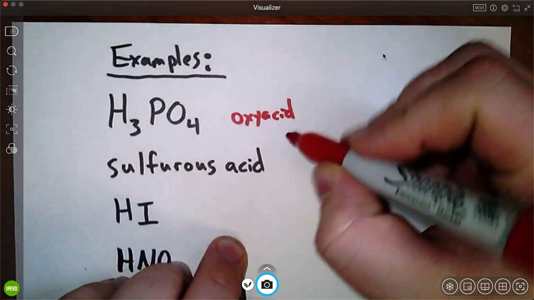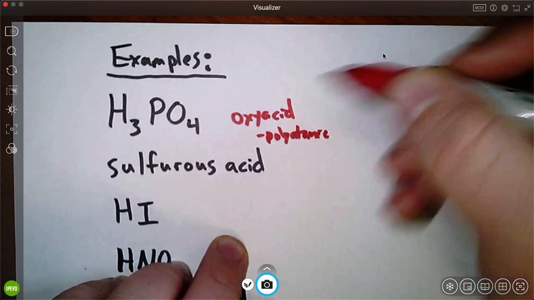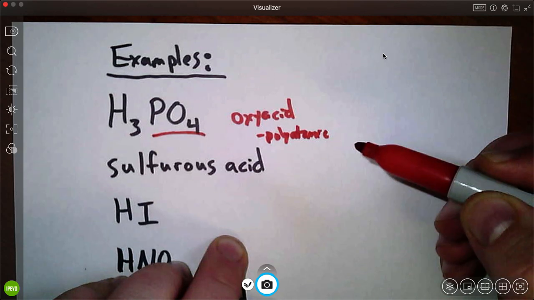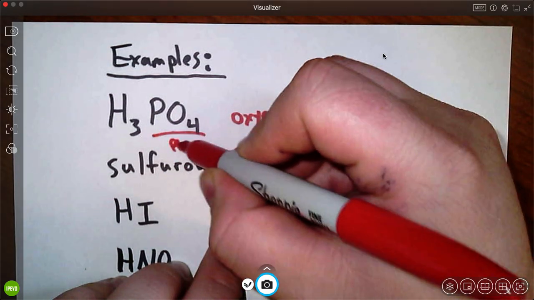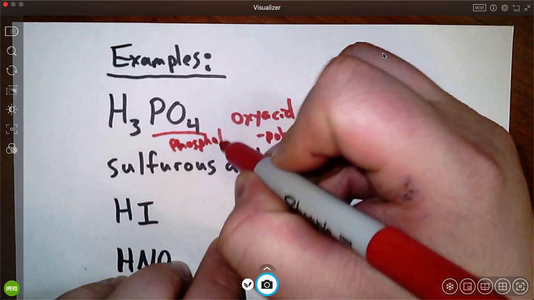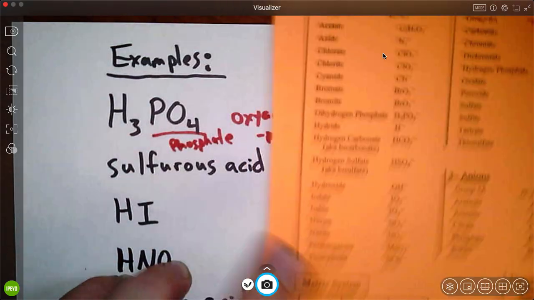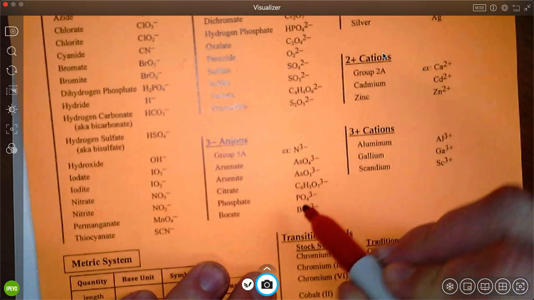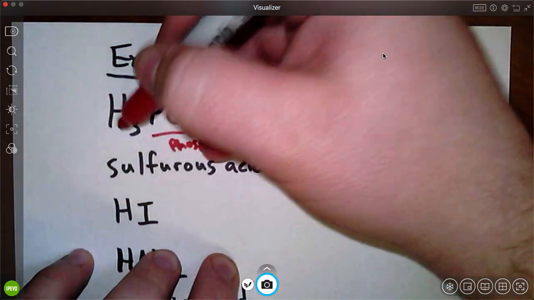So oxyacid means we are dealing with one of those polyatomic ions. In this case, the PO4. That PO4 is called phosphate. It ends in ate. You look it up on the common ion sheet. All right, it is PO4 right there, negative 3 charge. It's called phosphate. Okay? And it's with hydrogen.